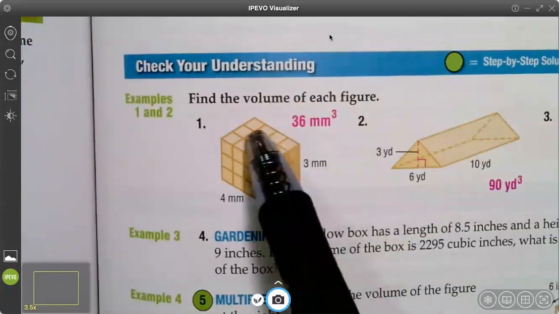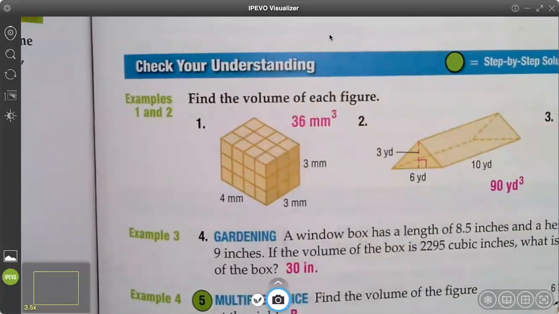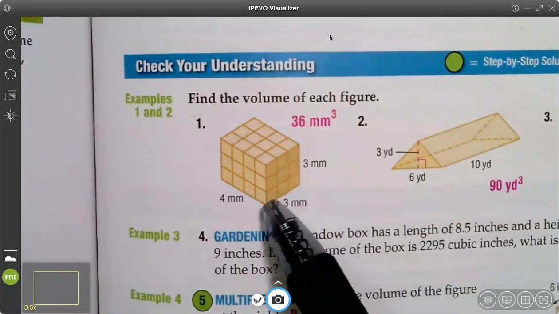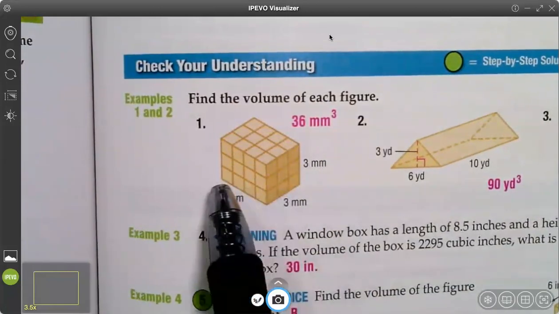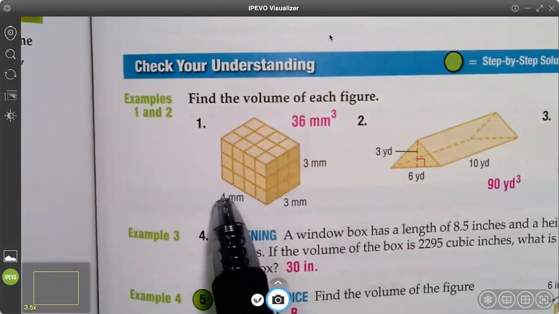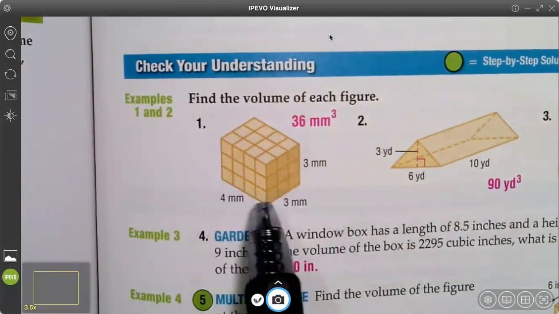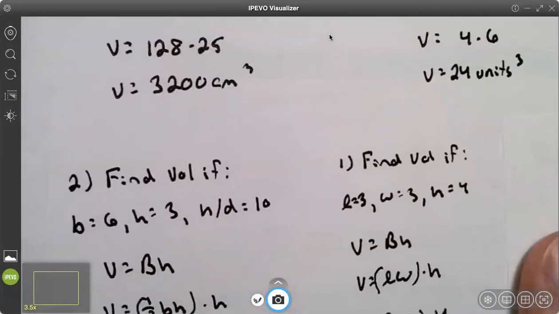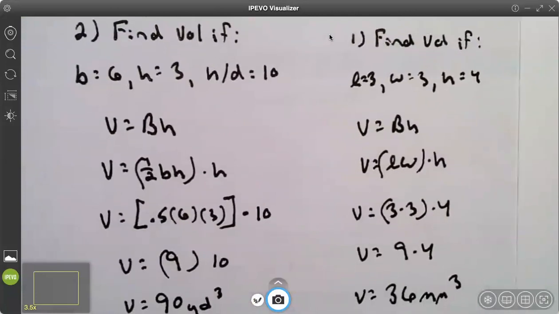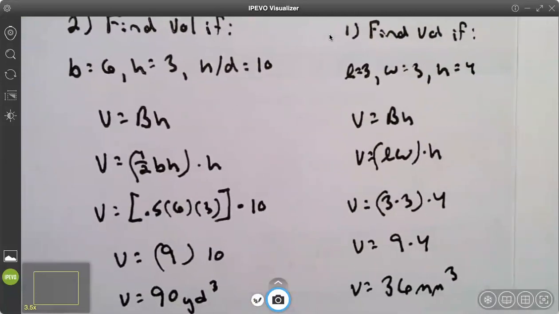And if we counted all the blocks that are stacked up, there would be 36 total blocks. Area is two-dimensional. 3 times 3 is 9, 9 squares. 3 times 3 times 4, the 3 dimensions, would give me 36. And if we took all those blocks apart, there would be 36 total blocks. And here is what that one looks like on paper. 3 times 3 times 4 is 36.